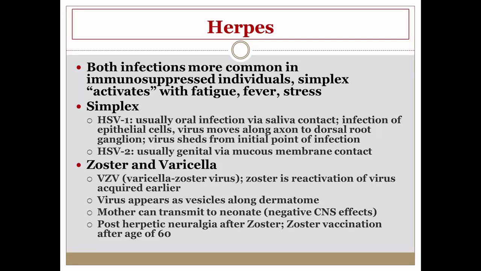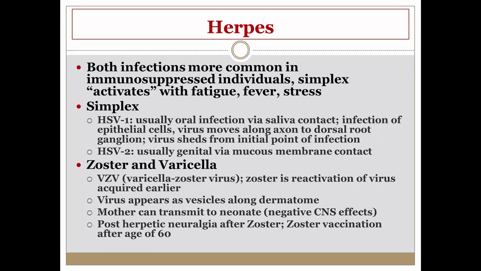Now, mom can transmit this virus to the neonate, and it risks negative CNS effects if mom does actually have the varicella virus and transmits during the pregnancy. Now, as we age, we are more likely to reactivate this varicella virus, and it activates as zoster.